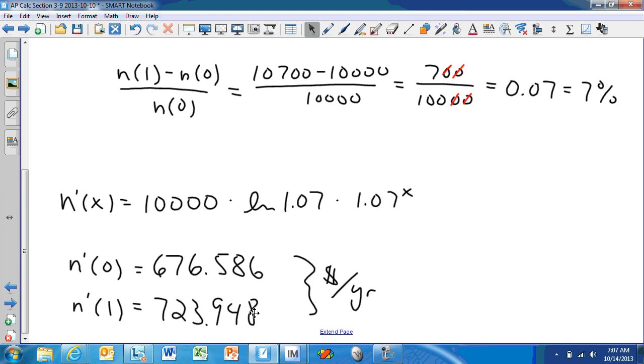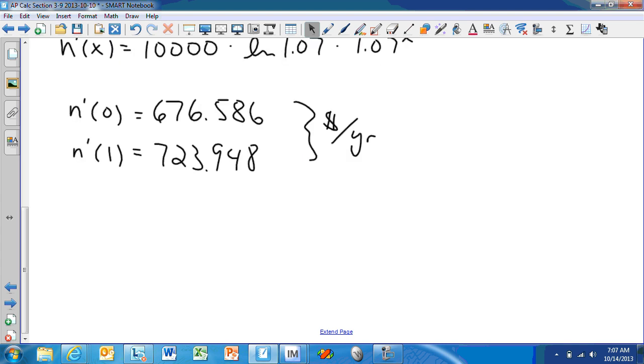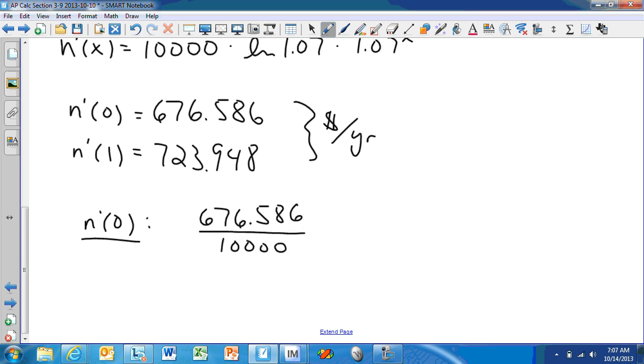If I do that same thing here, I can see the actual percentage that my account is growing by. So at N prime of 0, we are actually increasing at $676.586 over the 10,000. Again, this will tell me the percentage that my account is actually increasing at. So this is actually 0.067.